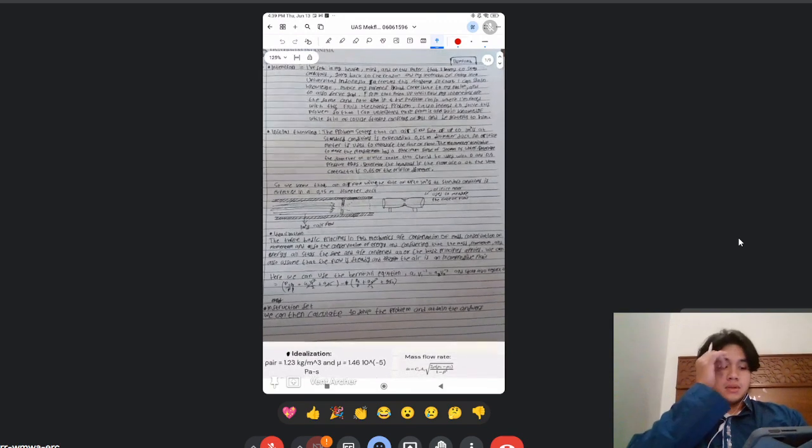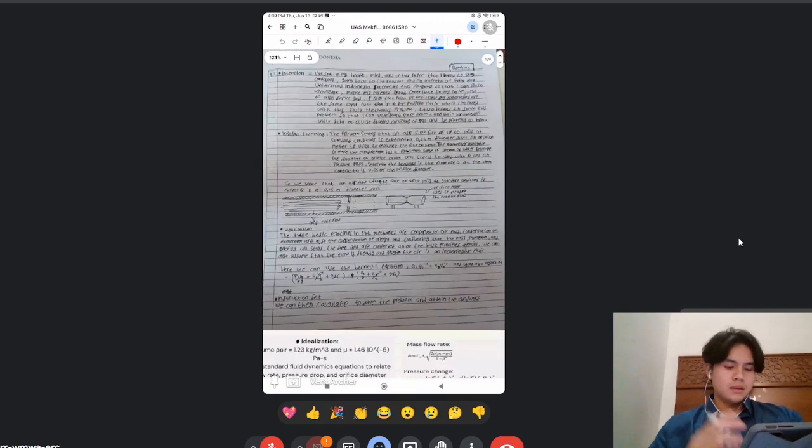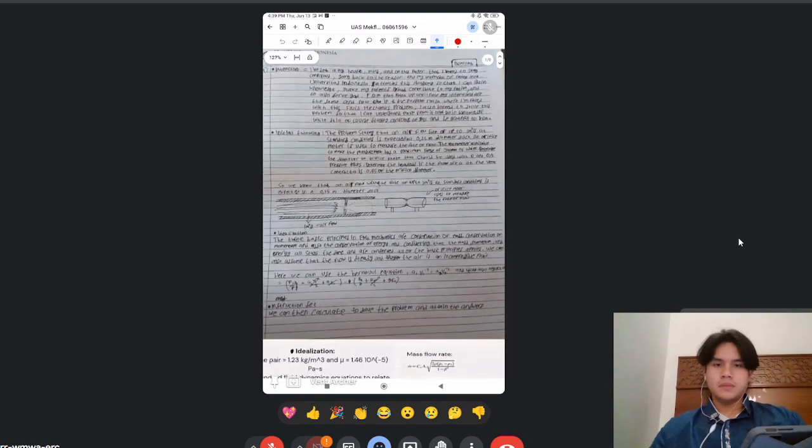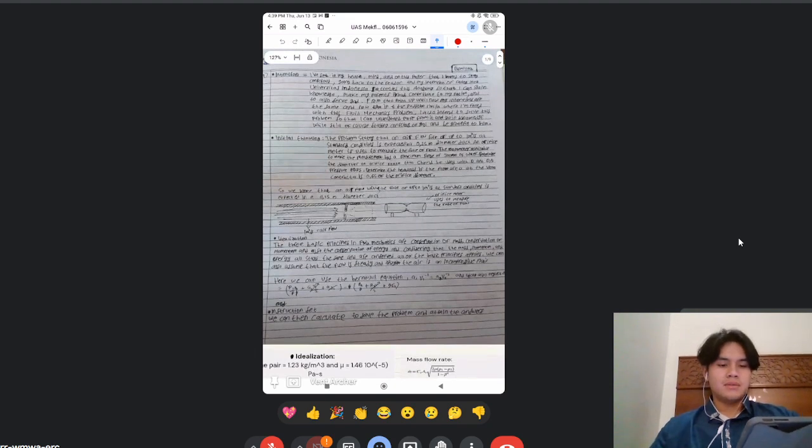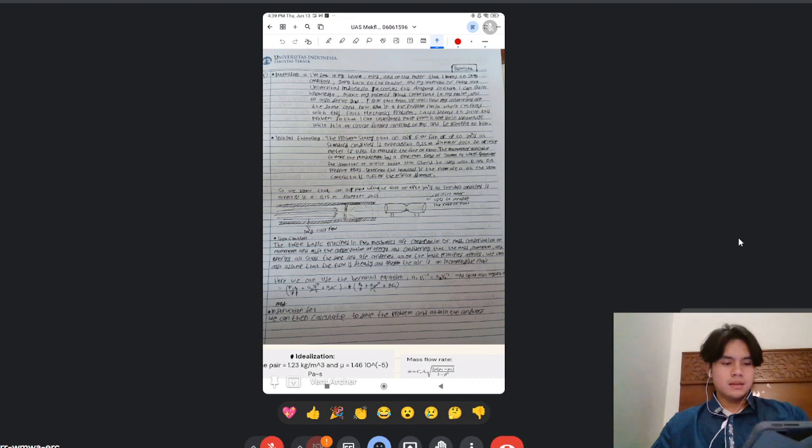Now we can move on to our initial thinking. In this, I wrote that the problem states that an airflow of up to 1 meter cube per second at standard condition is expected in a 0.25 meter diameter duct. An orifice meter is used to measure the rate of flow, and the manometer available to make the measurement has a maximum of 300 millimeters of water.